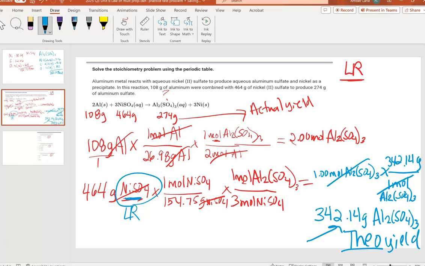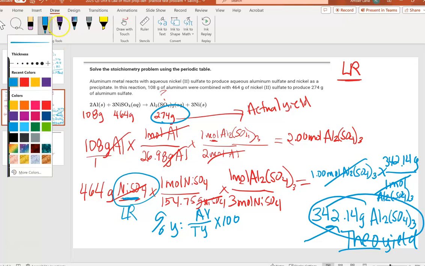So now I want to calculate my percent yield. In order to calculate my percent yield, I need to have my actual yield divided by my theoretical yield times 100. So this was my actual yield, and this is my theoretical yield. So down here I guess I can squeeze it in.